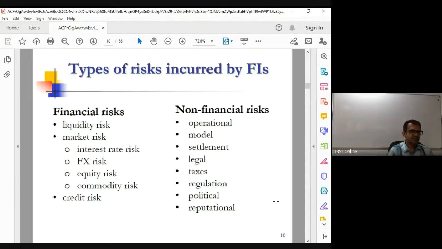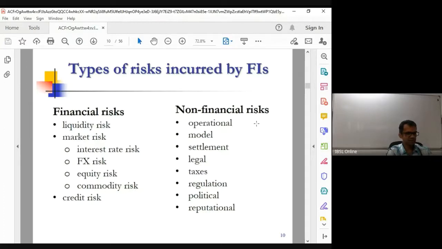But again, with these classifications, now you may see different new terms. So I have not put any risks like cyber risk, things like that. Earlier, failures in systems or things like that were considered as operational risk.